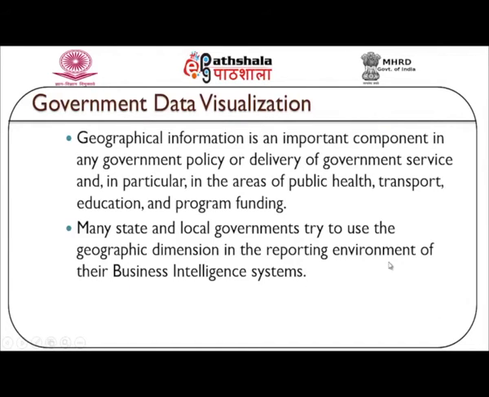The next one is government data visualization. As we can see, government also tries to produce a huge amount of data. The geographical information system is an important component in any government policy or delivery of government service, and in particular in the areas of public health, transport, education and program funding.